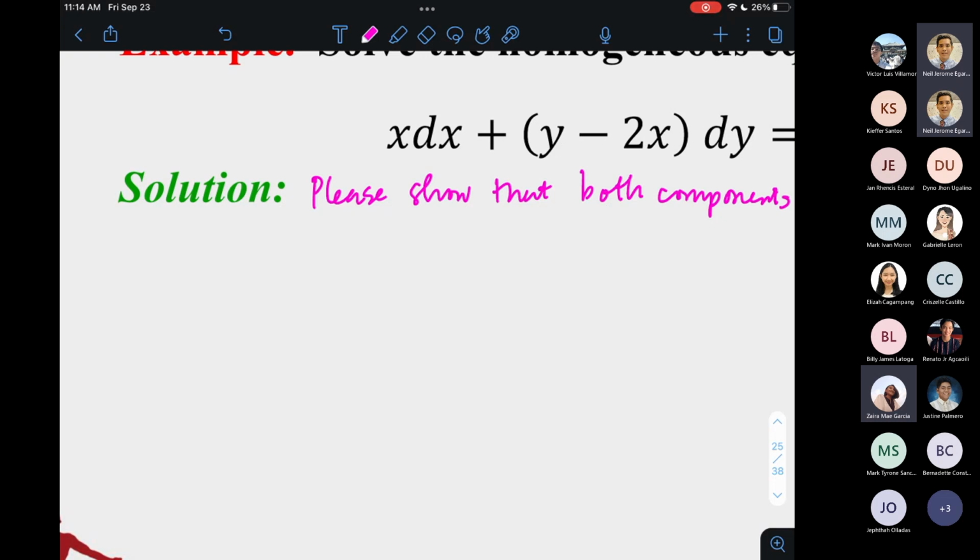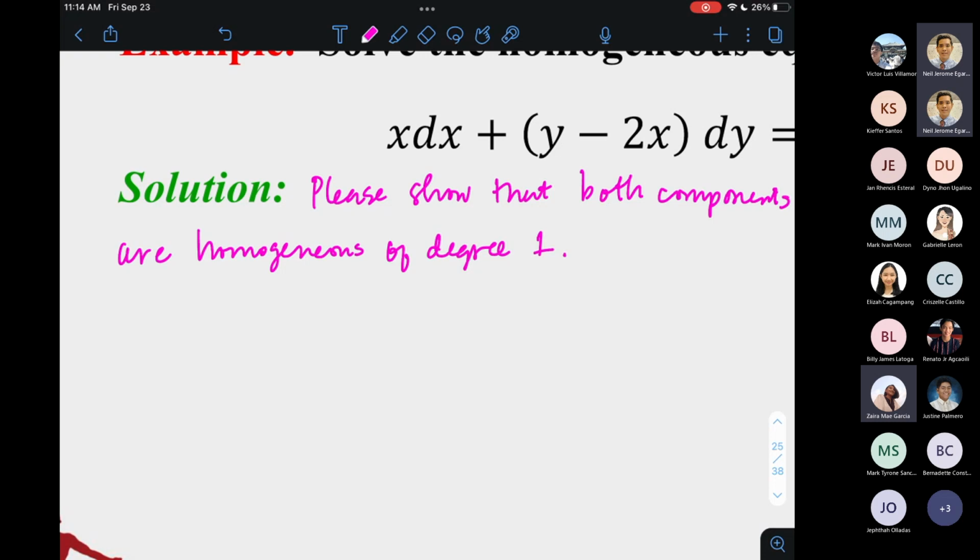So please show that both components are homogeneous of degree 1. Ako lang yung pwedeng gumawa ng pakiusap na ganyan. Wala ako dapat makikita sa homework na may nakalagay na, "Sir, please show that both components are homogeneous of degree 1." Trabaho nyo yon. Saka kasama siya dapat ng solution. Kasi kailangan nyo i-justify na talagang siya ay pwedeng gamitan ng method na natutunan natin under section 2.2.